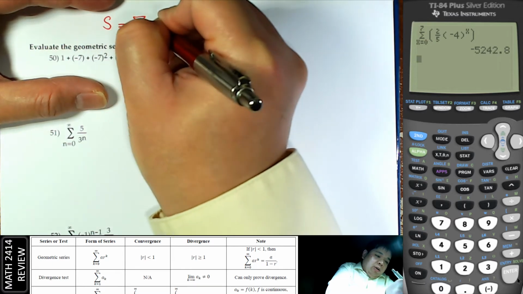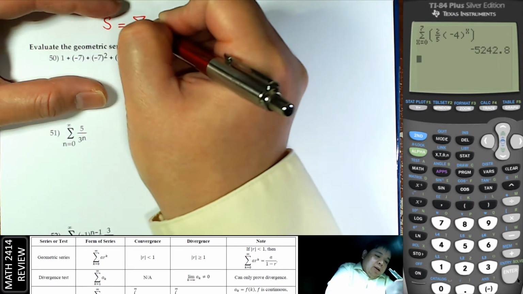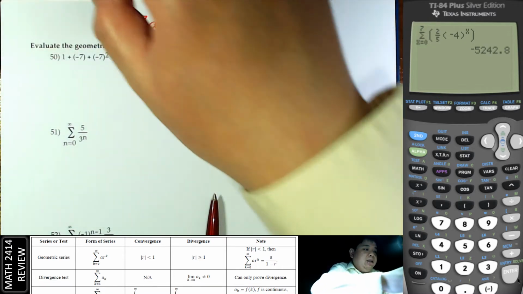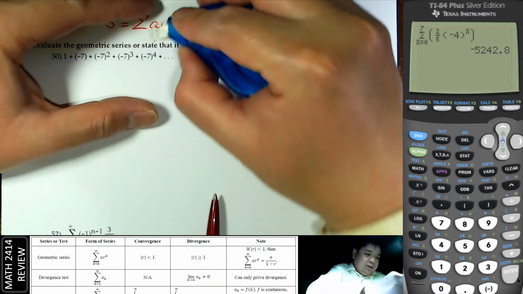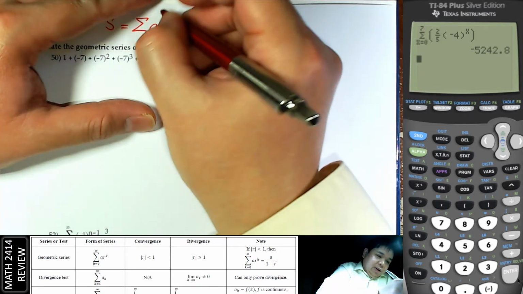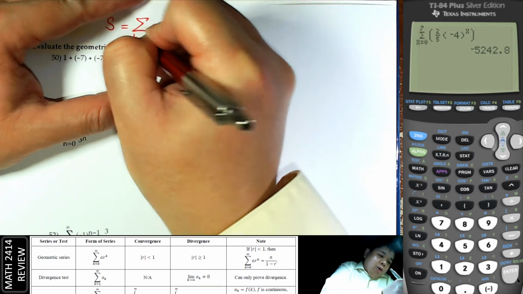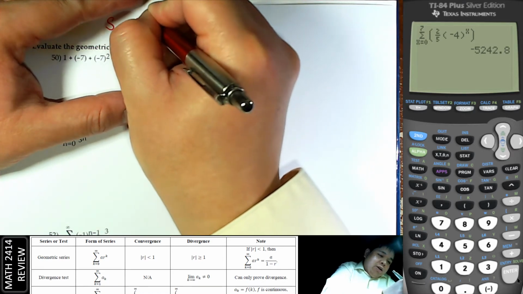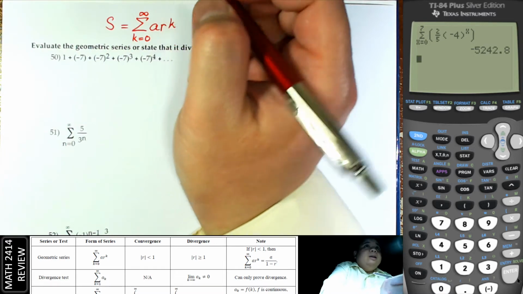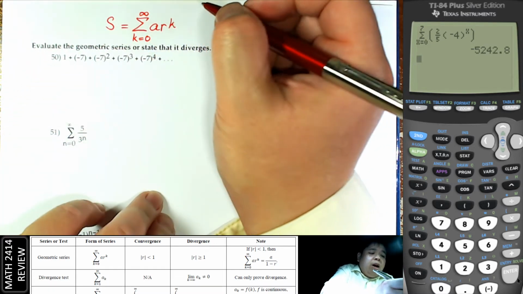So in general, the form will be a times r to the k where k goes from 0 to infinity, and that will be equal to, depends on r.